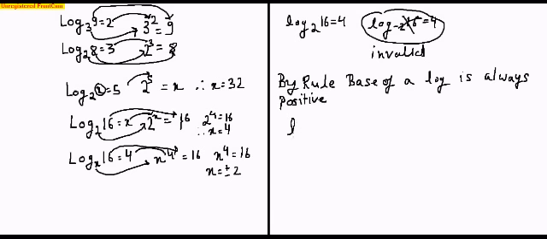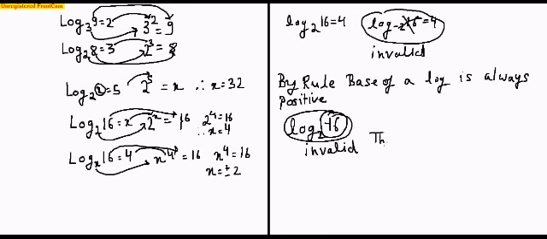Similarly, something like log base 2 of minus 16 is also invalid, because once again the value within the log cannot be negative.